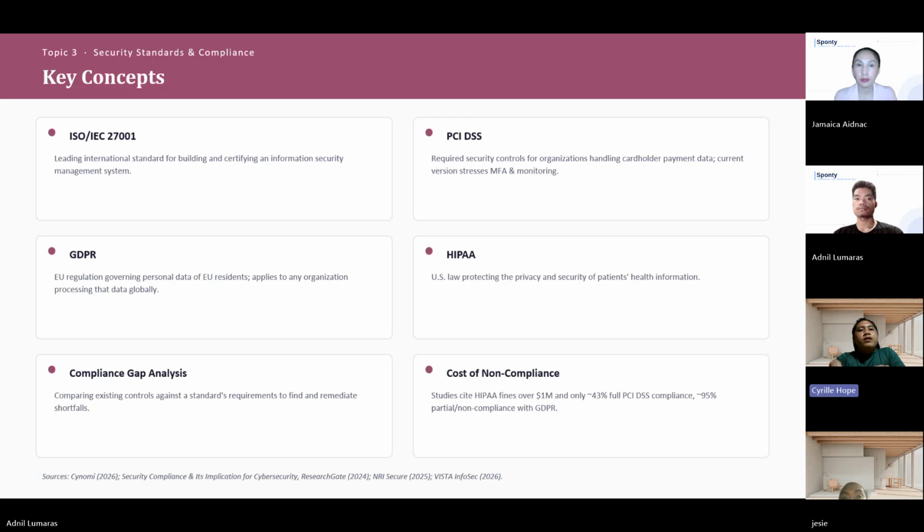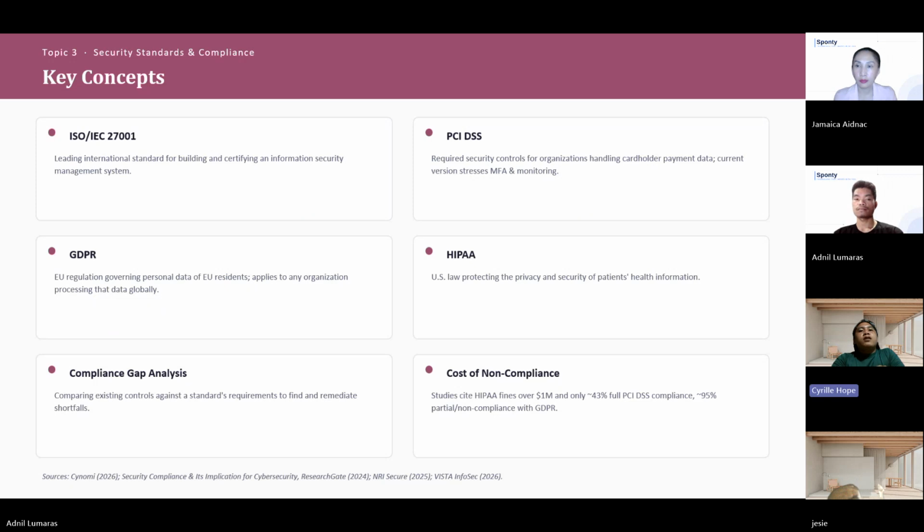We'll spend the next few minutes covering the major standards you're likely to encounter, why compliance matters beyond simply avoiding fines, and how organizations actually go about building a compliance program.